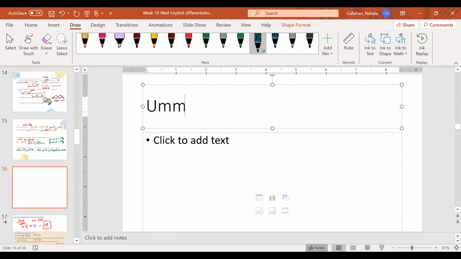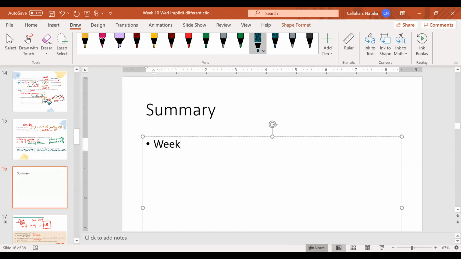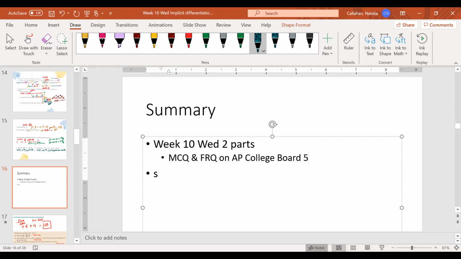So, as a summary, for your week 10 Wednesday's quiz, there are two parts. The first part is your multiple choice and free response questions on AP College Board, and there are 5 questions total.